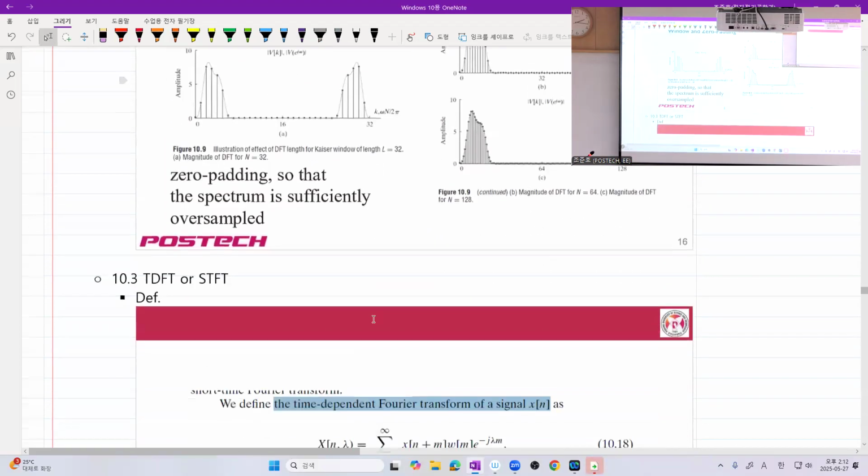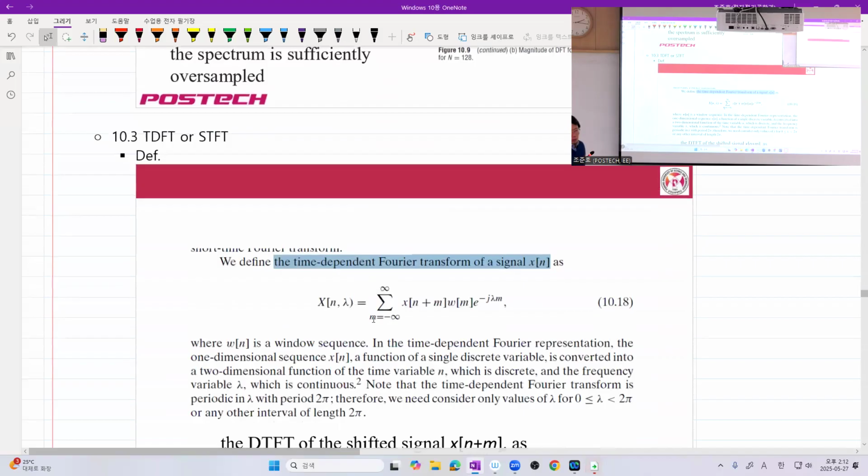We've seen that, yeah. And almost at the end of the last class meeting, we talked about the short-time Fourier transform. This is named in the textbook the time-dependent Fourier transform, but I find short-time Fourier transform is more popular. By definition, the short-time Fourier transform may be viewed as a transformation of x.